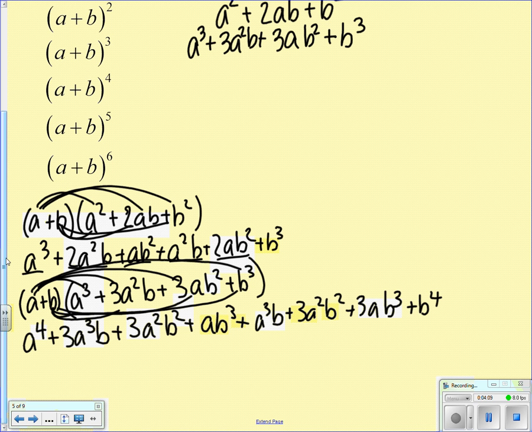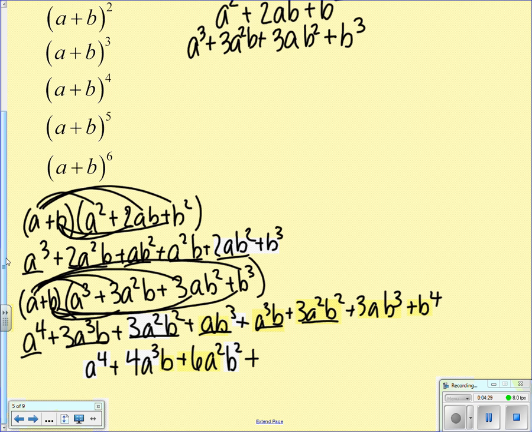So if we combine those terms that are like, we have a to the 4th plus we have 3a cubed b, and we have another a cubed b, so we have 4a cubed b. Then we have 3a squared b squared, and we have 3a squared b squared, so 6a squared b squared.